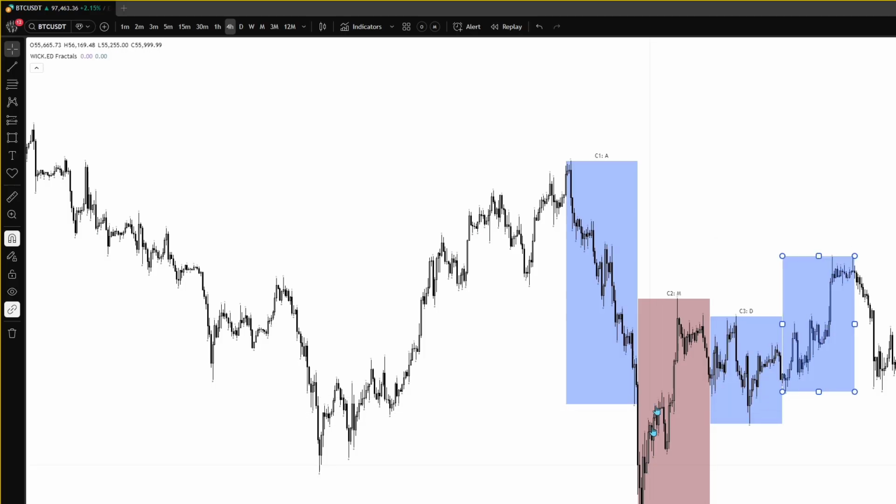Like in this case, if you traded the manipulation, you got a pretty decent move. But usually candle 3 and candle 4 are going to be the safer plays if you're really trying to make your win rate higher, because they're different personalities.